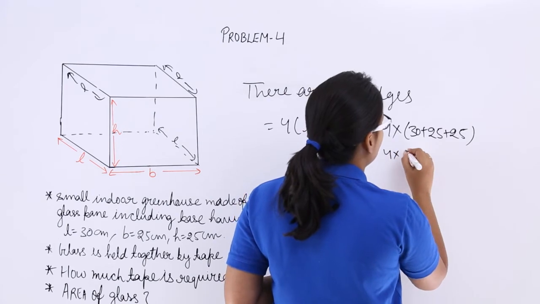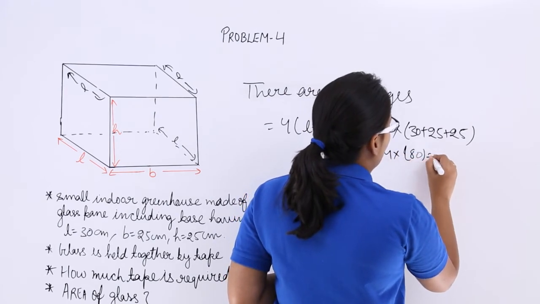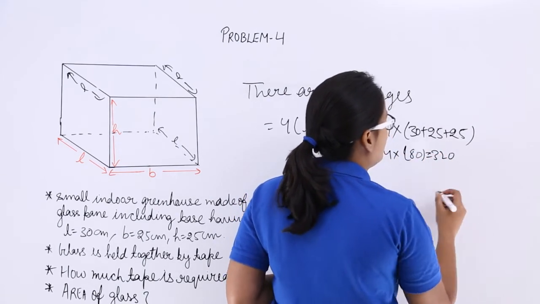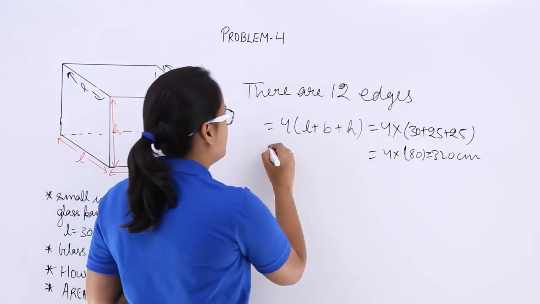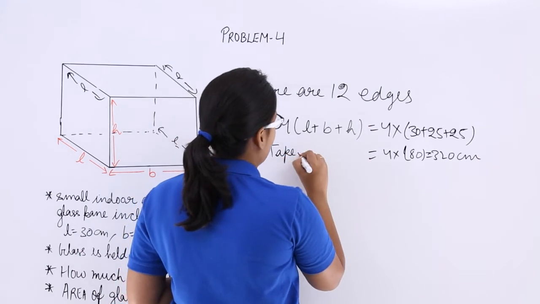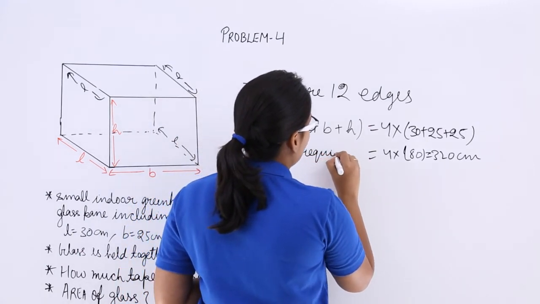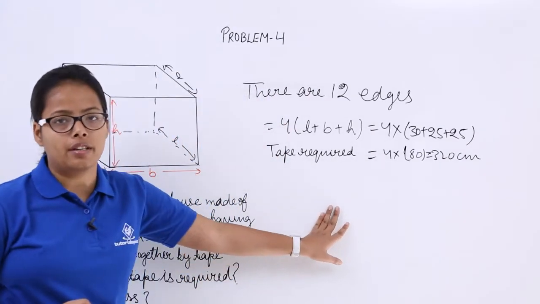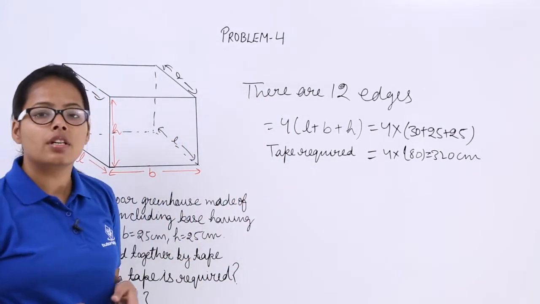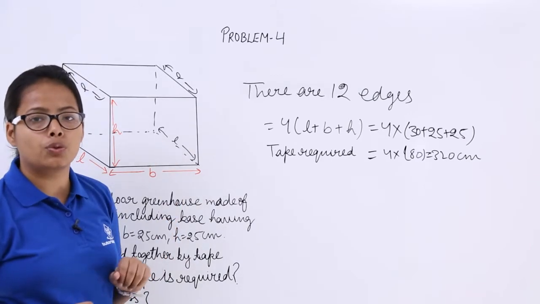So what will you get? You will get 320 centimeter. So this will be the tape required to hold the glass together in the glass greenhouse.